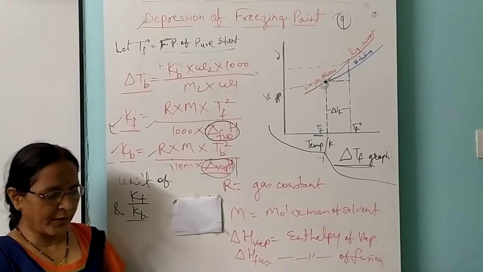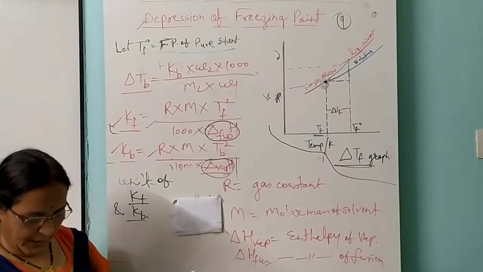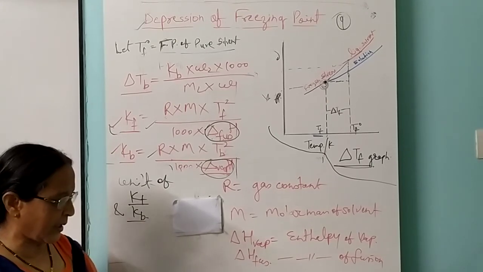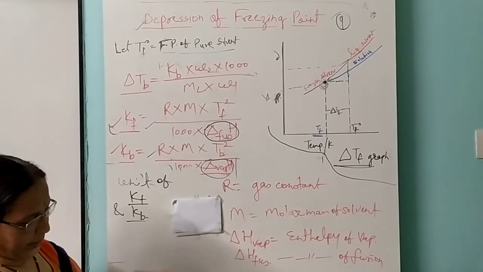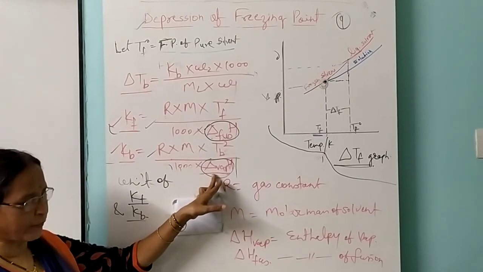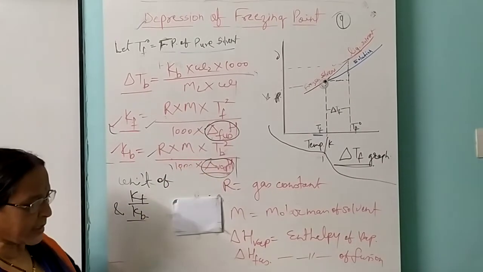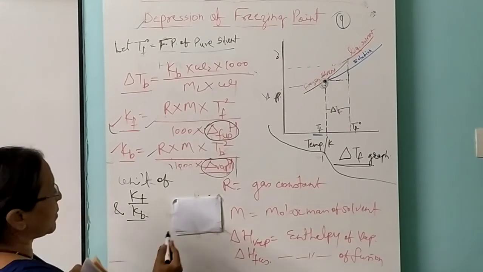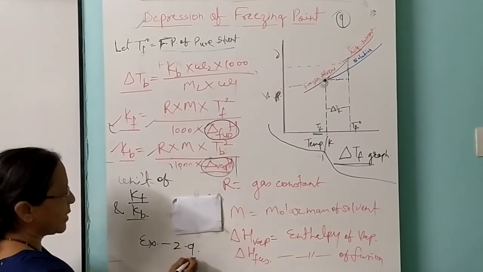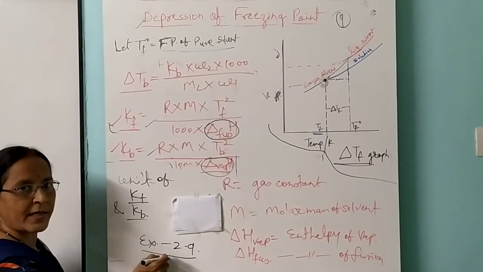Now when you turn the page of your textbook, very important, two sums are given here. One sum is related with this formula only, very important for this year. Here example number 2.9, everyone must learn example number 2.9 properly.